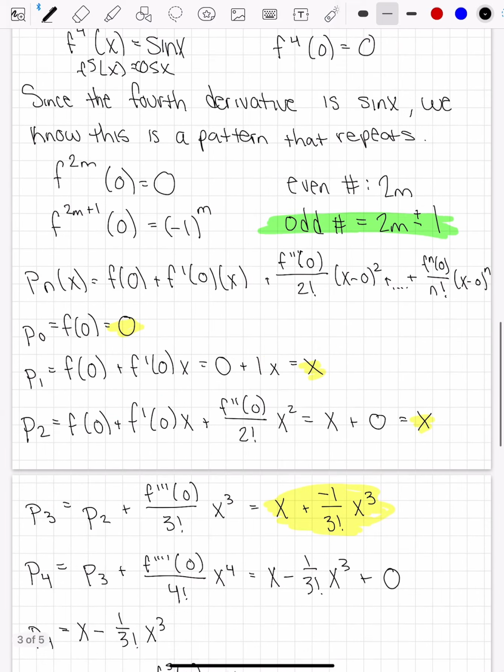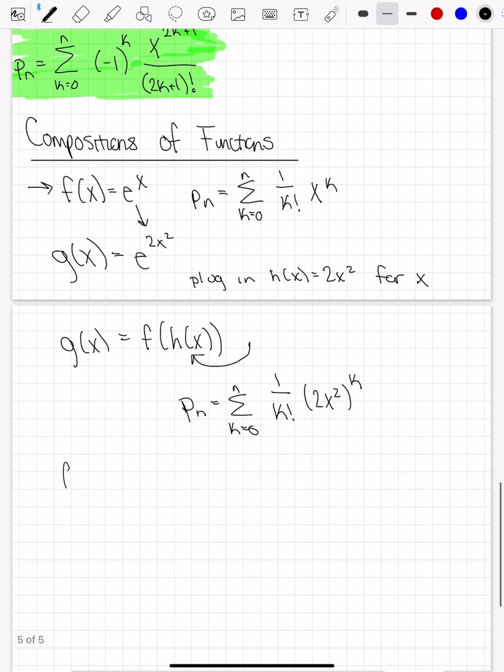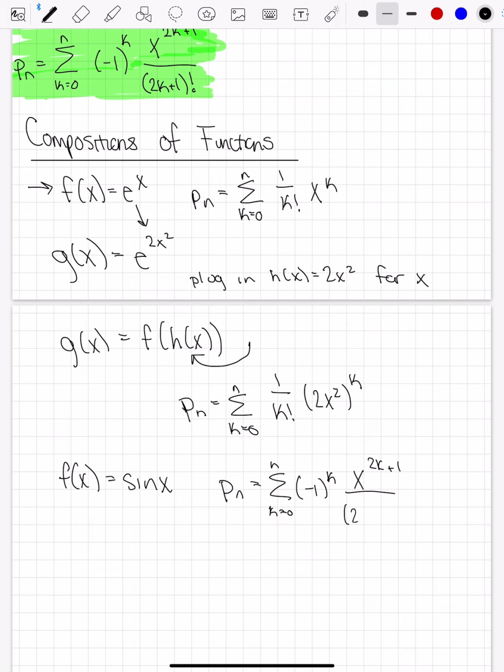Okay, and same thing for the last one where we had sine. If you had sine of x, we know that Pn is the sum from 0 to n of negative 1 to the k, x to the 2k plus 1, over 2k plus 1 factorial.